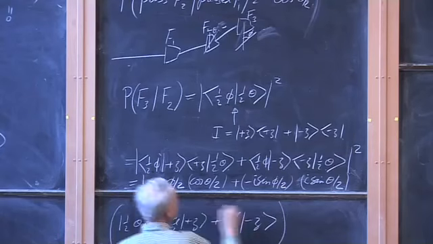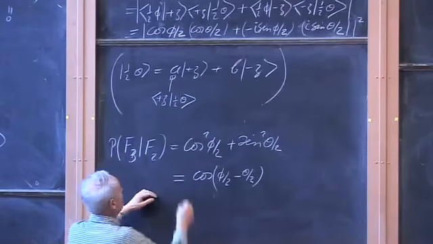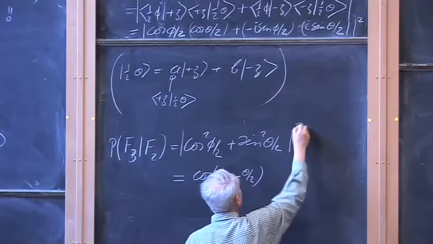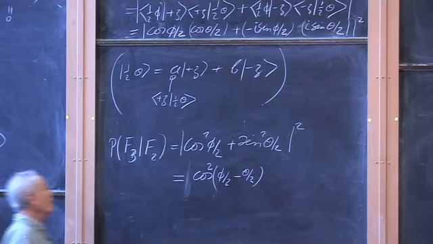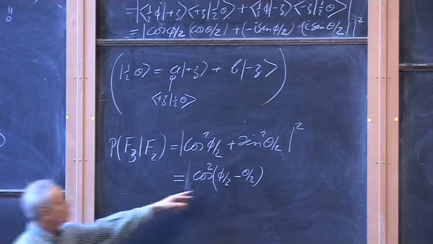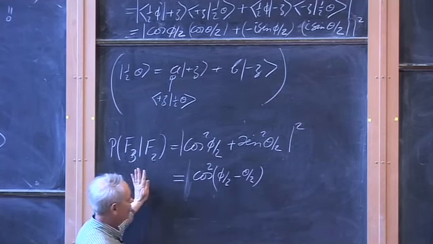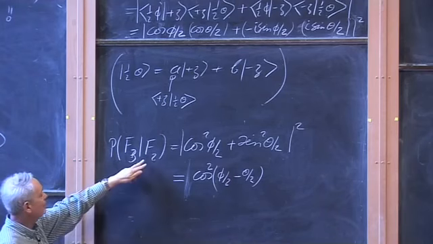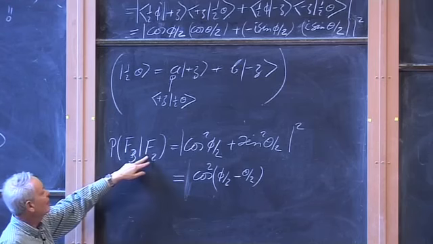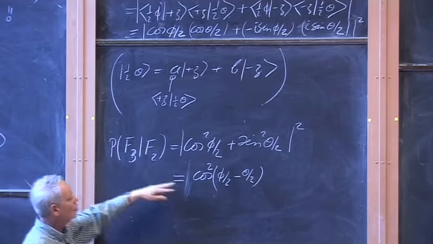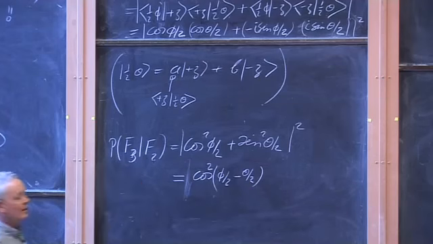And this needed a mod square. And we were doing various calculations, and then this needed a mod square, and this needed a mod square, so it just became cos squared. Right. So all this tells us is that, we would have been worried if we hadn't discovered this, that the probability of getting through the third filter, given that we got through the second filter, should depend only on the difference in the two angles, and indeed should go like the difference divided by 2.